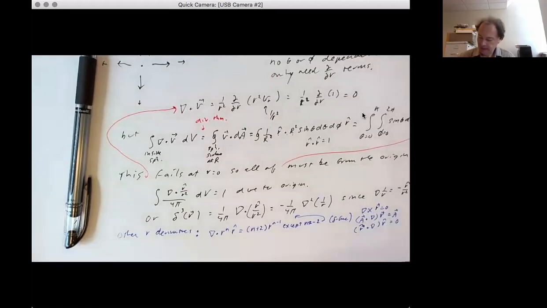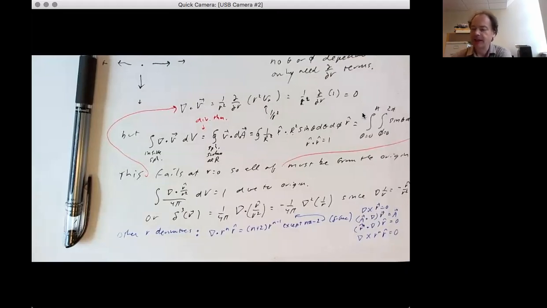And the curl of r to the n r hat, right? This is divergence. You take the curl of that, you in fact find it is 0. So that function has a divergence with no curl. It's irrotational. R to the n r hat is irrotational. Kind of expect that, it doesn't have any angles in it.